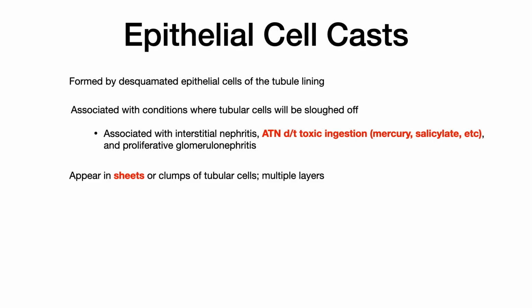So things like your aminoglycosides, or if somebody is getting imaging done and they're given contrast, right? Remember that can be nephrotoxic. In the case of epithelial cell casts, they like to associate acute tubular necrosis with toxic ingestion of either heavy metals or things like ethylene glycol, or the presence of urate crystals from tumor lysis syndrome.